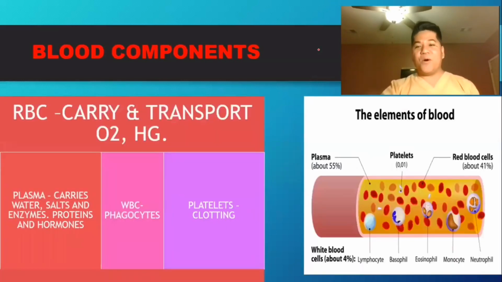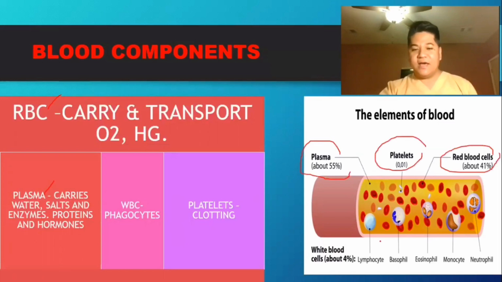Next, blood components. We have major components of your blood, including your red blood cells, check on that, your plasma, platelets, and your WBC or white blood cells. Now let's talk first about the red blood cell, which carries and transports oxygen in the form of your hemoglobin.